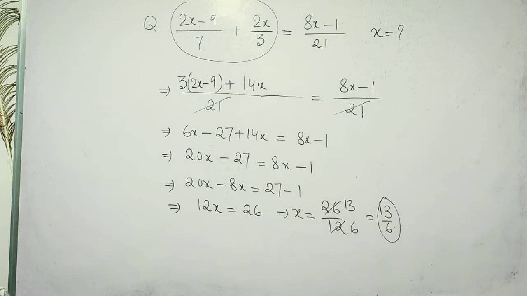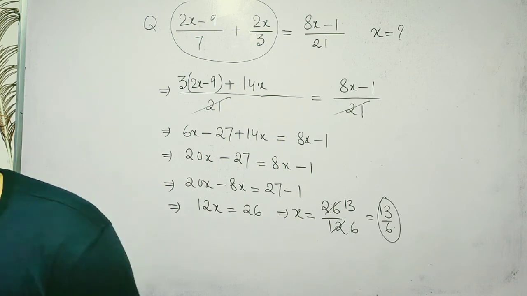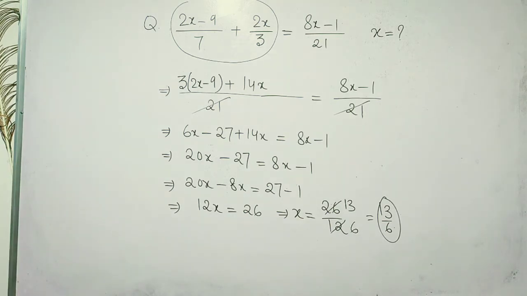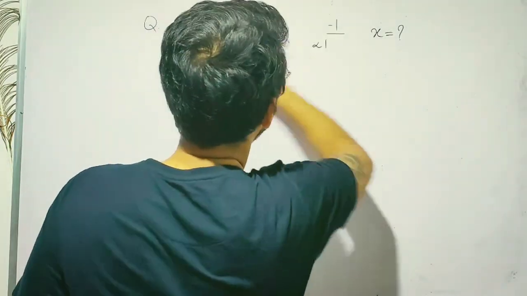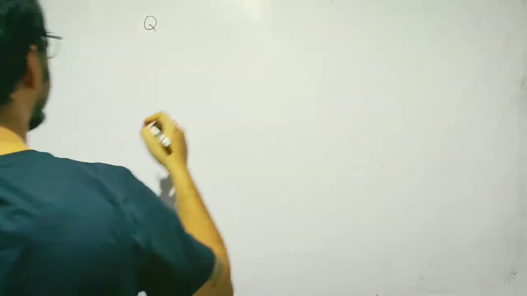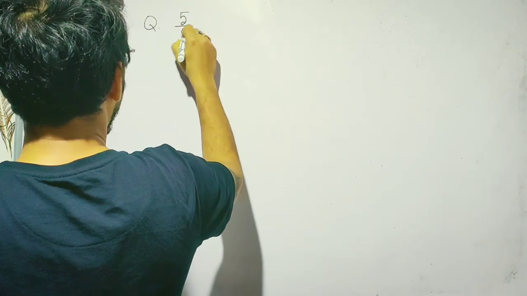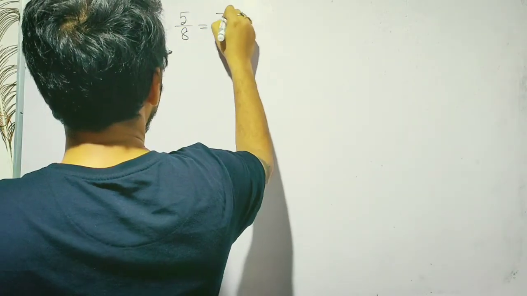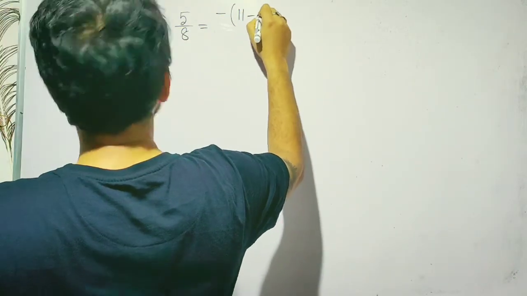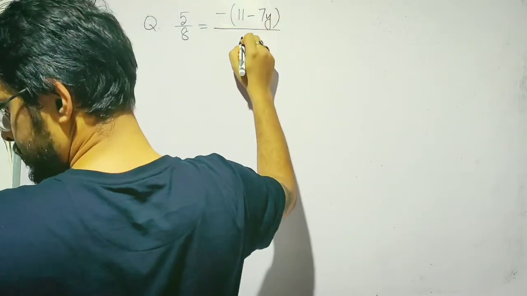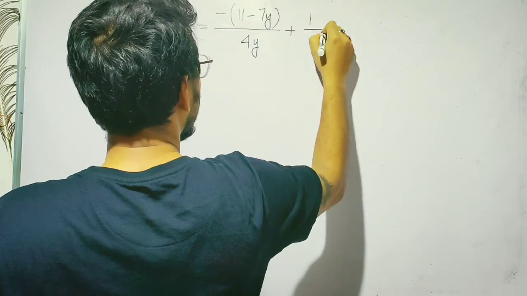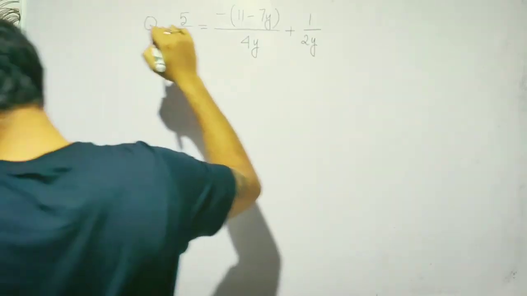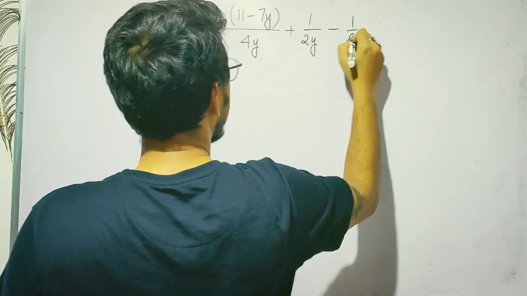So let me give you a good question. Let me give you this question. So the homework question is 5 by 8 equal to negative 11 minus 7y over 4y plus 1 by 2y minus 1 by 8.